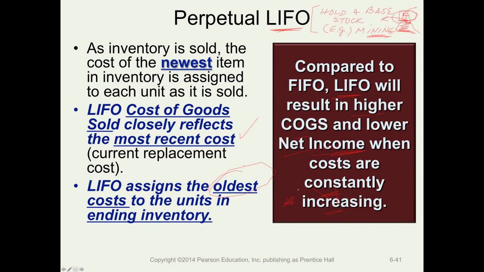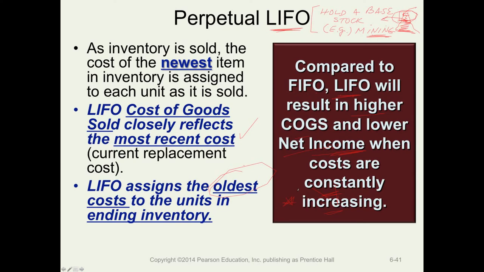Now, this is not necessarily a bad thing, because if LIFO is used for tax purposes, it will allow us to take a higher tax deduction than first in, first out, and a higher tax deduction than specific identification. That's what I meant before, that even though you may be able to use specific identification, you will probably not do so, particularly for tax purposes.